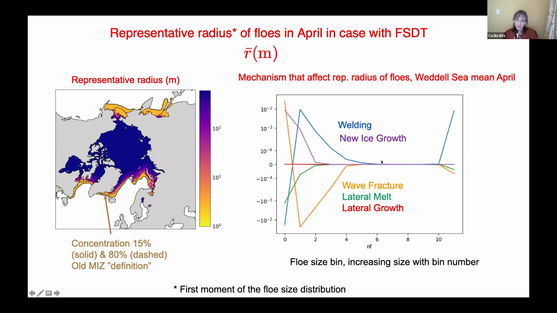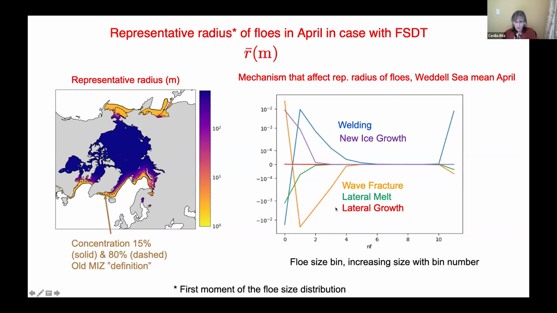And the major contributions to the evolution of the flow size distribution primarily depend on the time of year and where you are, but a lot of new ice growth making small flows, and then wave fracturing the small flows, and fracturing the medium-sized flows and making small flows, and then welding, combining the small flows, so removing small flows and moving them up into larger flows.